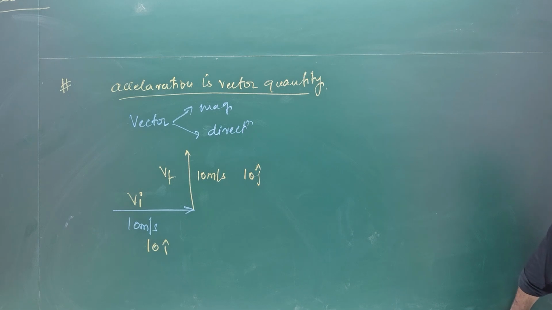Think and answer. It has magnitude as well as direction. Yes, but direction is also changing now. We cannot only see the magnitude, we have to check what is happening in direction also. In this example, magnitude is the same, but direction is changing. If direction is changing, then also it can be called acceleration.